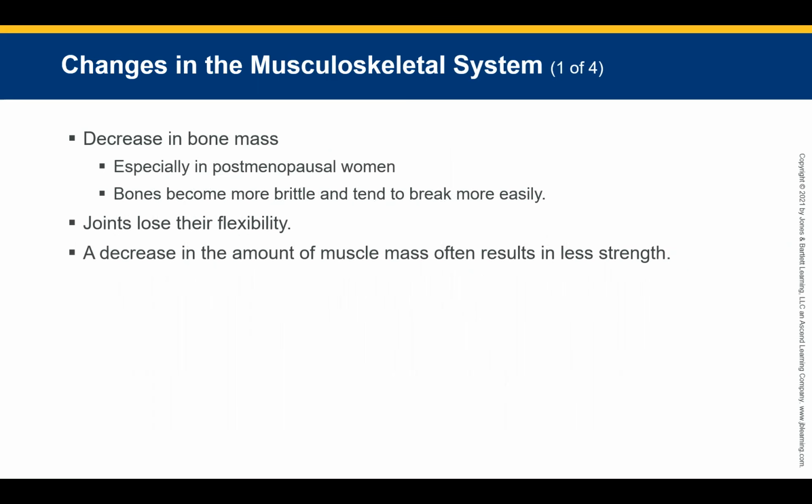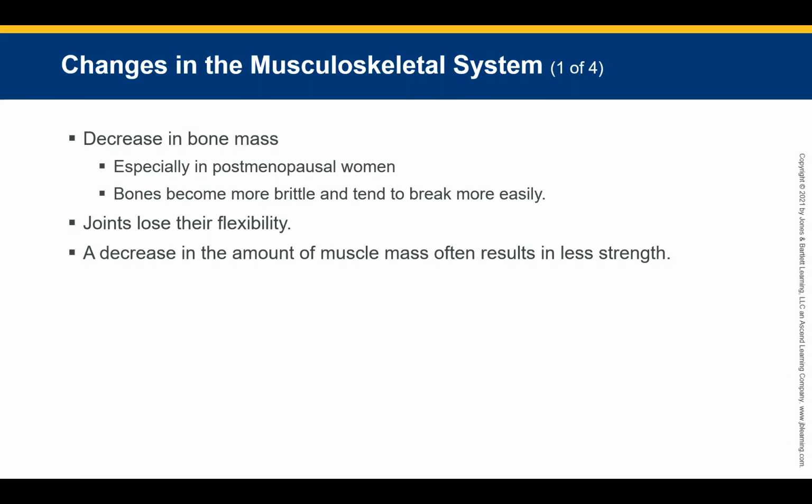Aging brings a widespread decrease in bone mass in men and women, but especially in postmenopausal women. Bones become more brittle and tend to break a lot easier. The discs between the vertebrae of the spine begin to narrow, and a decrease in height may occur through the lifespan, along with posterior changes in posture.